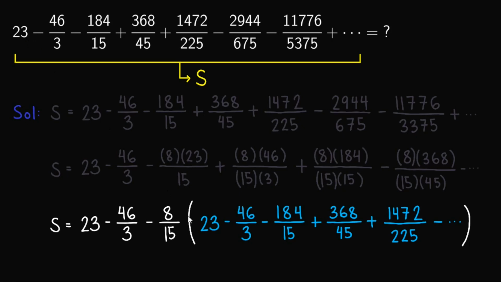Indeed, we have 23, negative 46 over 3, negative 184 over 15, 368 over 45, 1472 over 225, and so on. So this here is equal to s. And so we can replace this whole expression out here with just s.